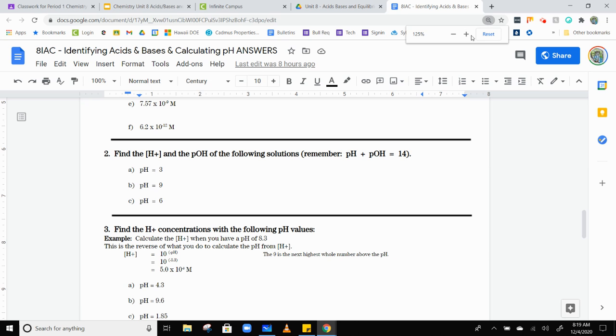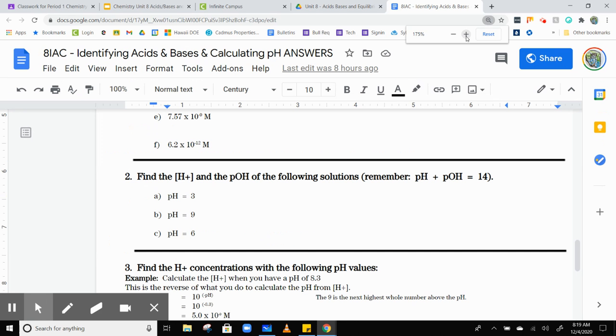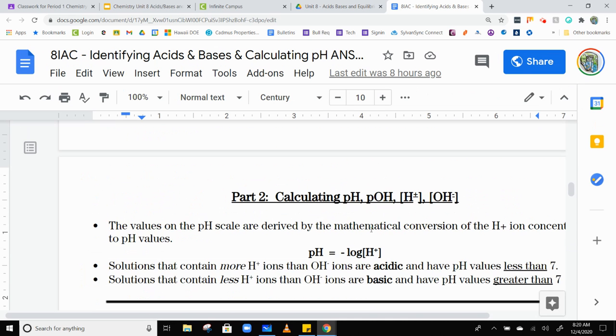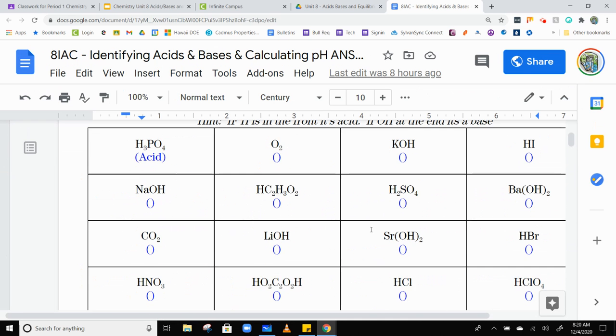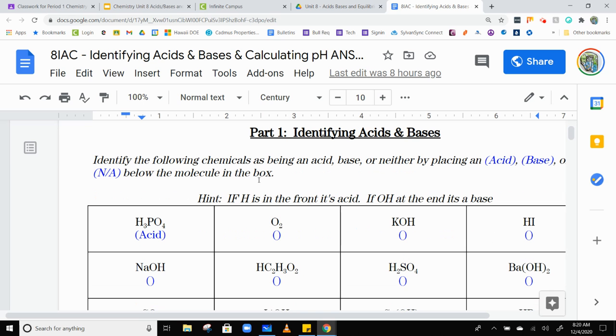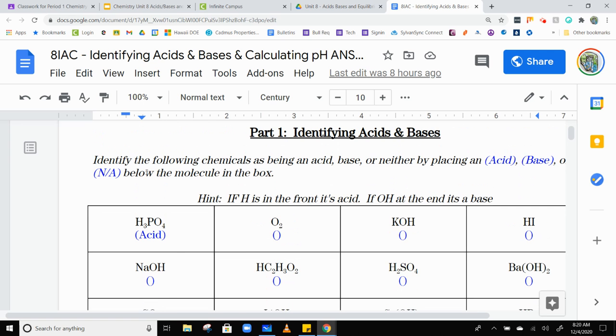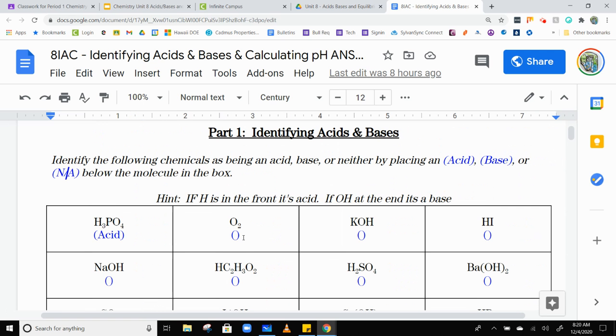Okay, so let's go over and do some examples here. Up at the top here, you're simply identifying the following chemicals as either acidic, basic, or NA, neither. I didn't write neutral. So, for example, this one, O2.